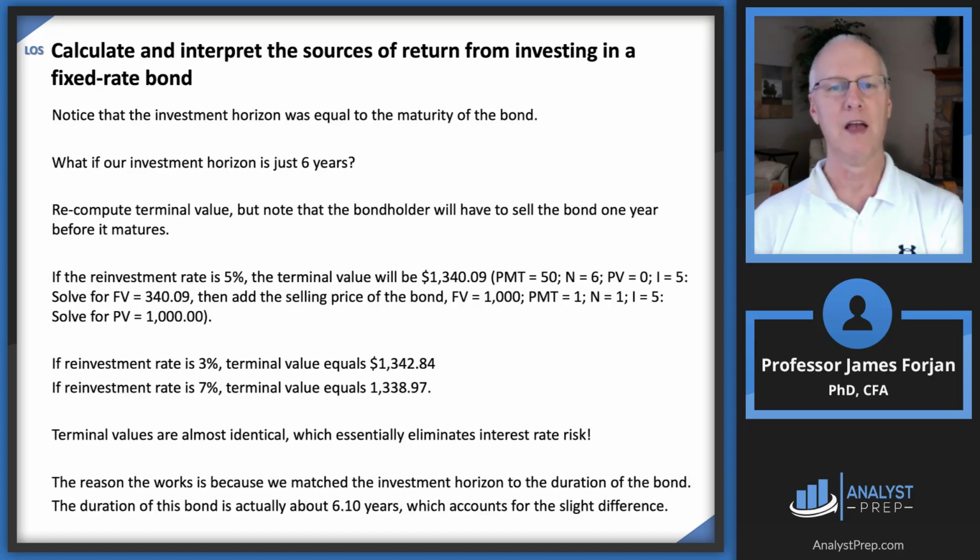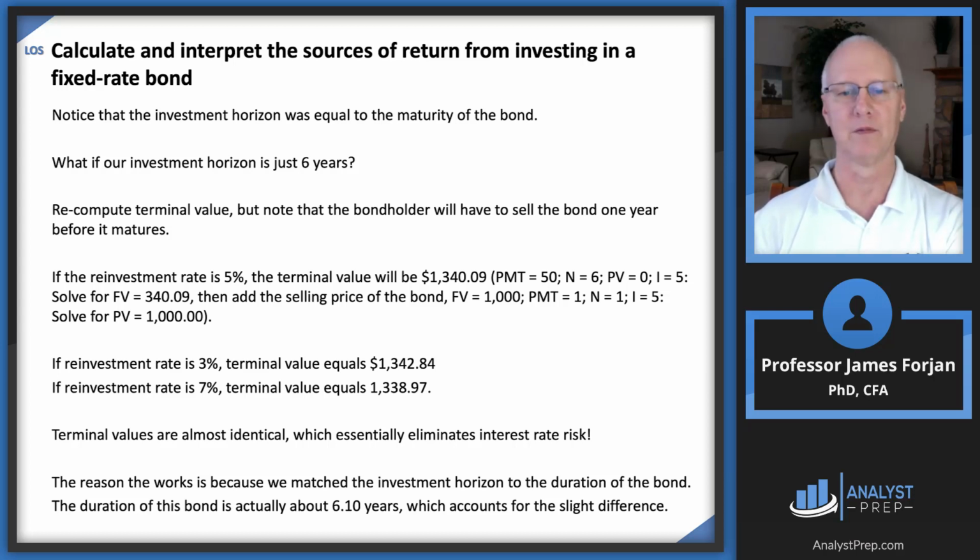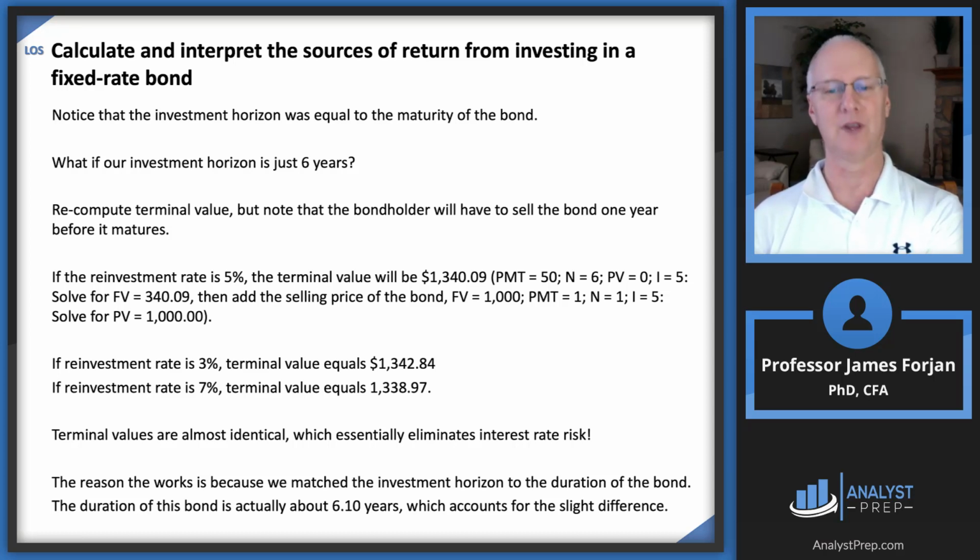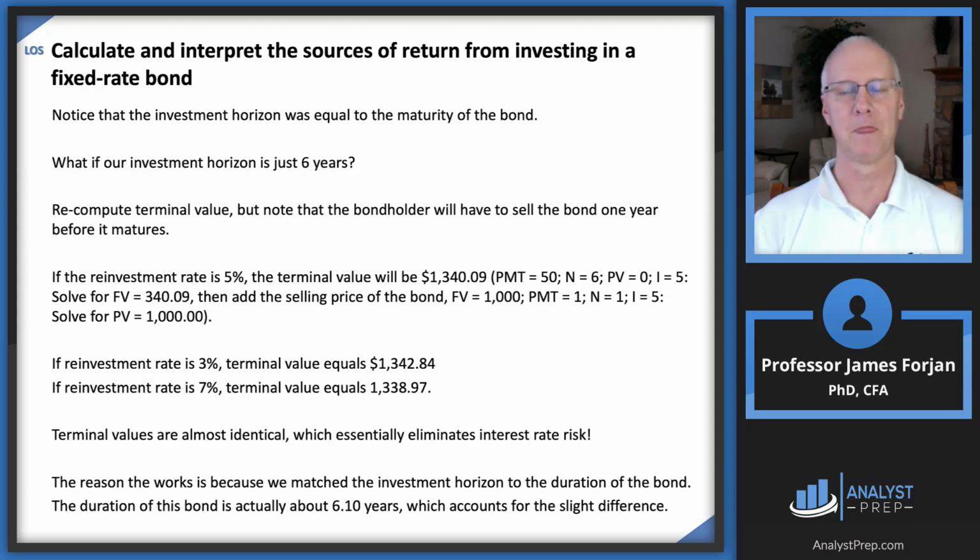But look at this. If we lowered our investment horizon to 6 years, we're going to essentially have the same terminal value. We're not going to care whether interest rates go up or interest rates go down because we're going to have our 1340. So terminal values in this case are essentially identical, and this means that interest rate risk has essentially been eliminated.